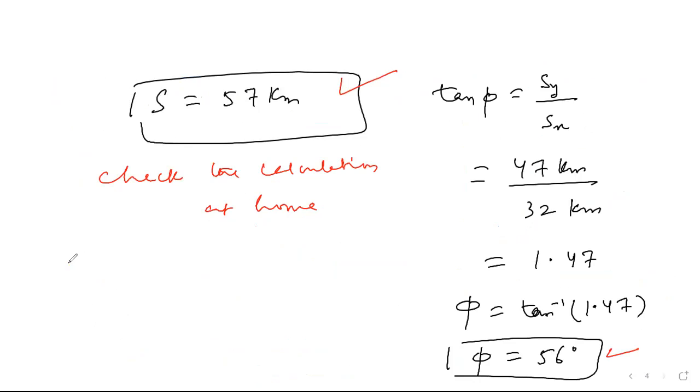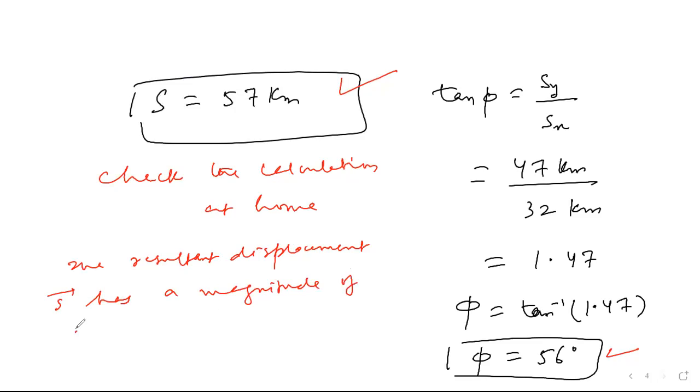That means the resultant displacement has a magnitude of 57 kilometer and makes an angle of 56 degrees north of east.